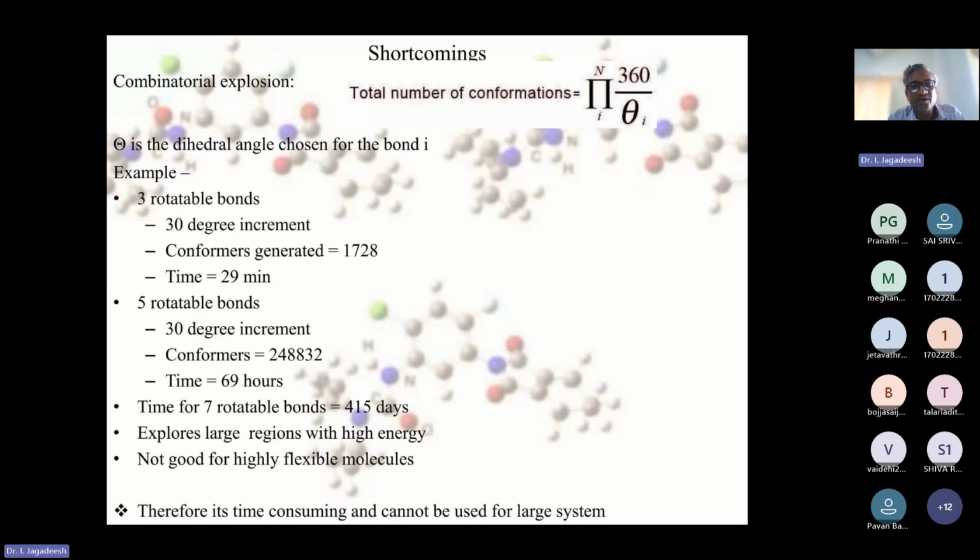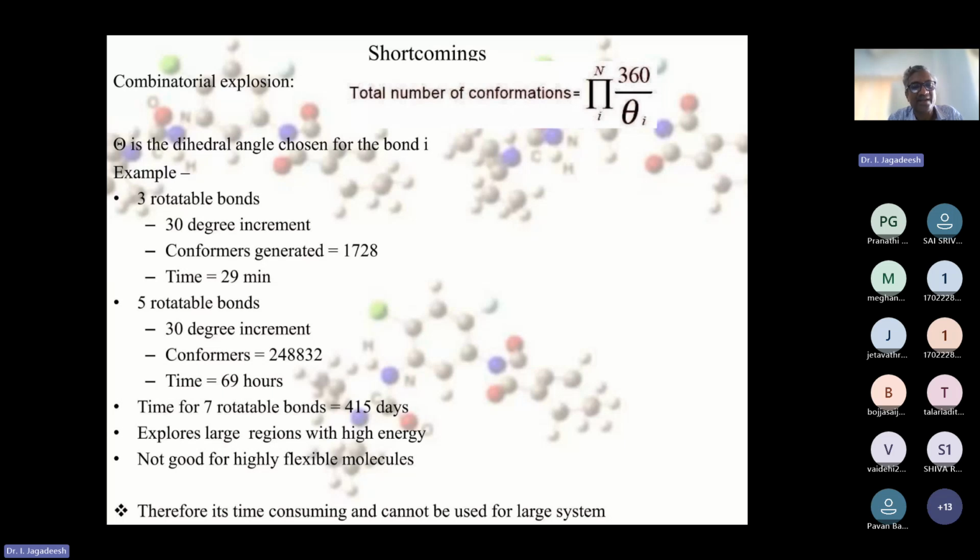For 7 rotatable bonds, that is more than 6, it will take 415 days. It means more than a year to find the conformations. That is the reason it is very complex when you want to see the conformations of all of them.